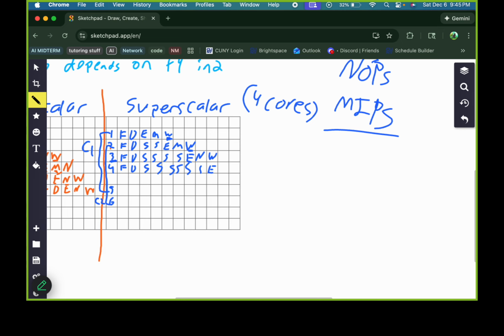They'd both be on core 3. And if there was an 8th instruction, that would be linked to 4. It would be on core 4. And if there were more instructions, you would just repeat that. If there was a 9th instruction, we know that 1, 5, and 9 would all be on core 1. And you could do this on and on and on and on. It's just having 4 separate pipelines.